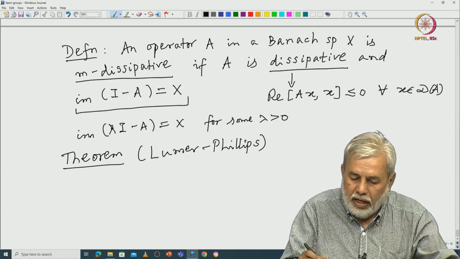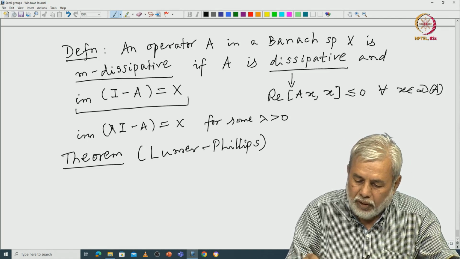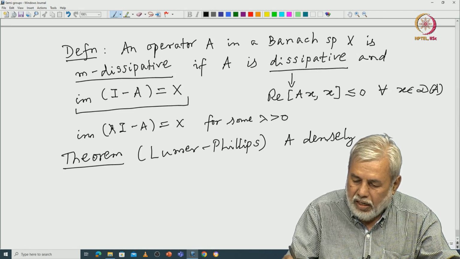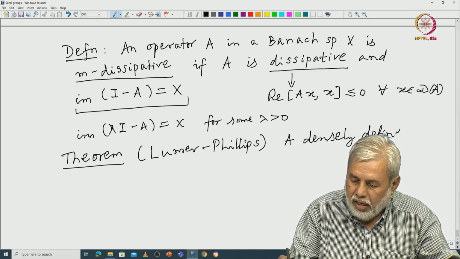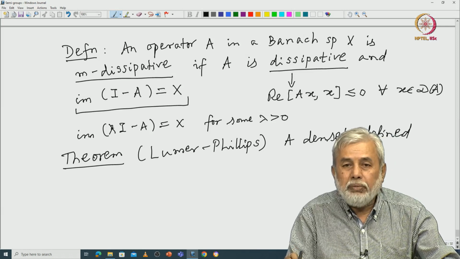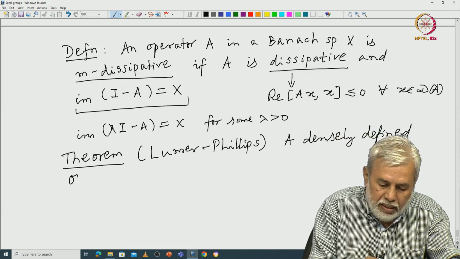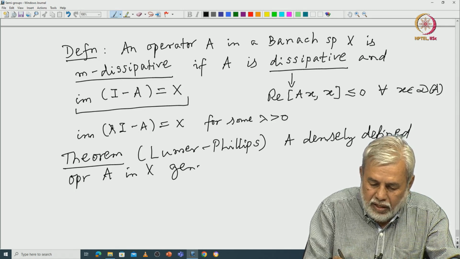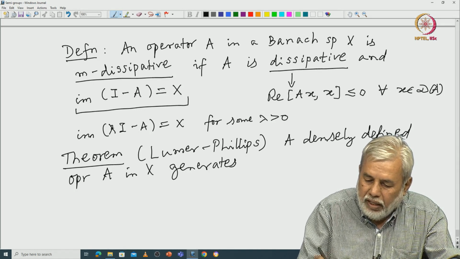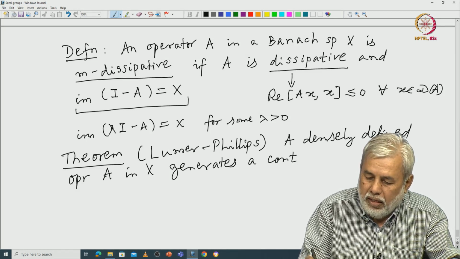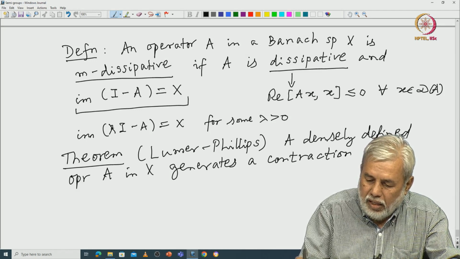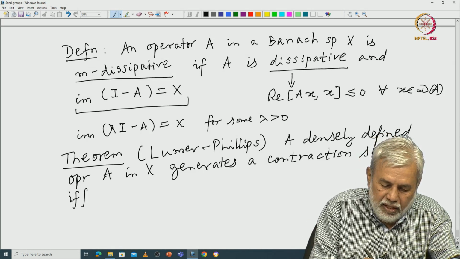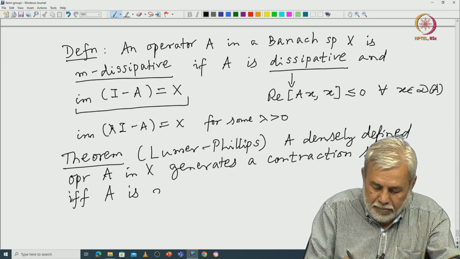A densely defined operator A in X, actually there is no assumption of closedness, generates a contraction semigroup if and only if A is m-dissipative.